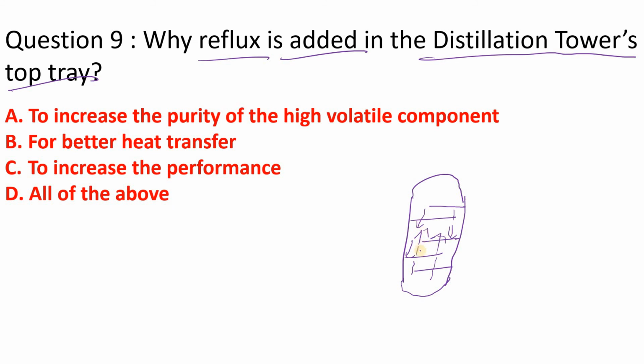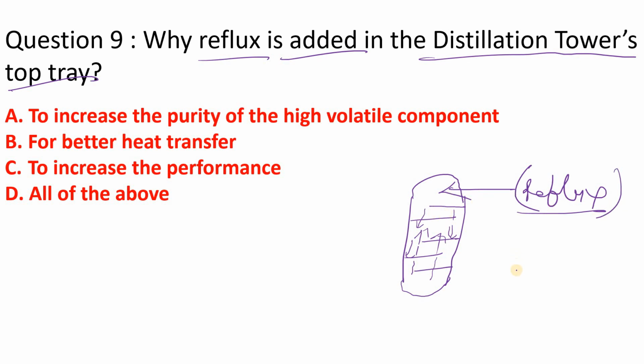The vapors have a high temperature and go upward, and the liquid has a lower temperature and goes down. It also has a high specific gravity, so it goes down. Now when we provide the reflux from here, this reflux is already accumulated in the accumulator, and after that we send it to the top tray of the distillation tower.